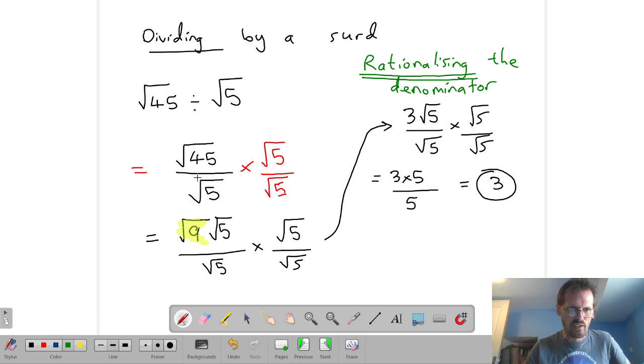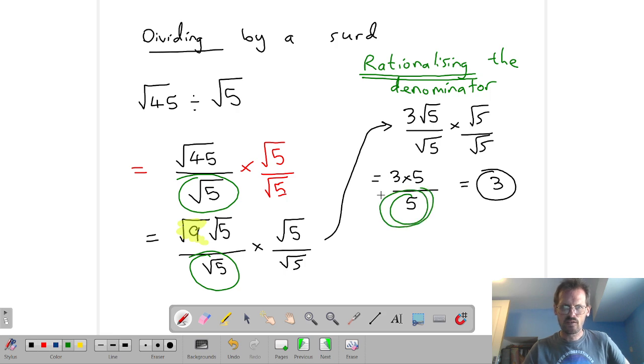So the denominator here in this fraction was a surd. Here at the end though, not a surd. So we fixed it, we've made it not be a surd at the bottom. And that's the way you do dividing of surds. It does get a little bit more complicated, as we'll see in a minute.